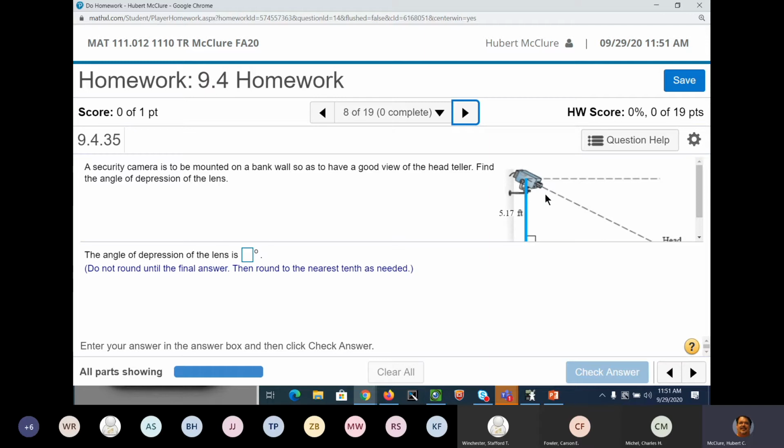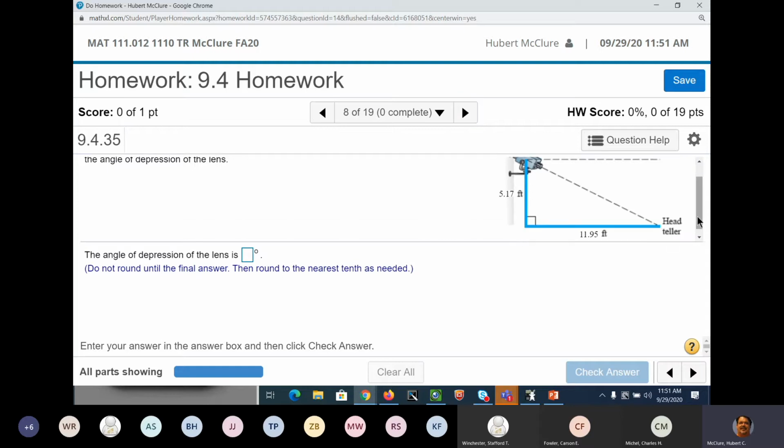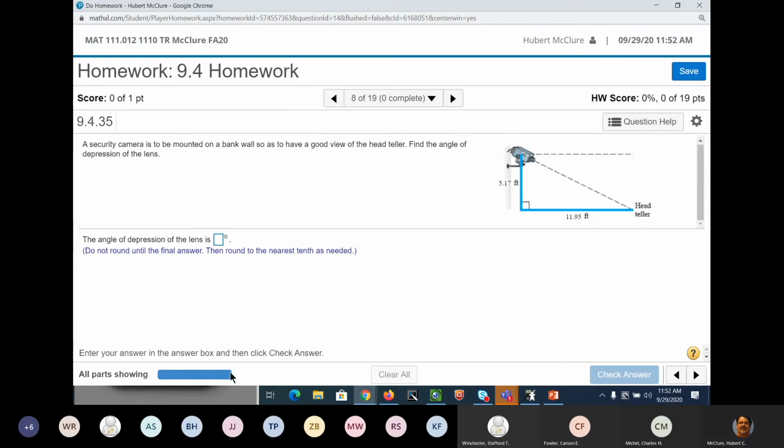But this is a standardized test question, so we're going to do it. All right, there's your example right there. Let me make it a little bit smaller. There. All right, write this one down. I'll be writing it on my page while y'all are writing it down.